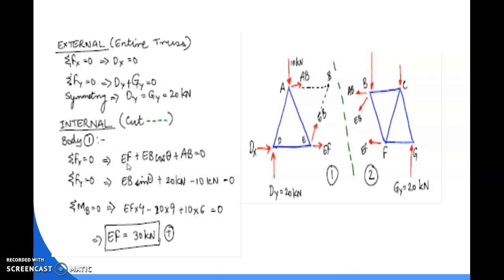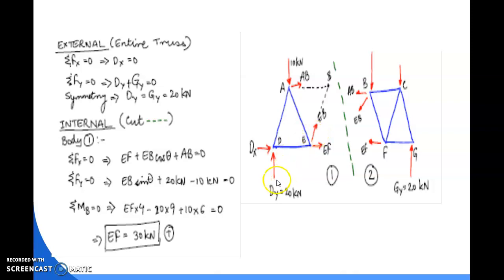Now comes the second equilibrium equation, that is summation of Fy equal to 0. Now we can choose all the vertical forces for part 1. You can see here one reaction which is vertically upward, one load which is vertically downward, and this member force FEB, which we can resolve along the vertical direction, and the value of the force should be FEB sin theta.